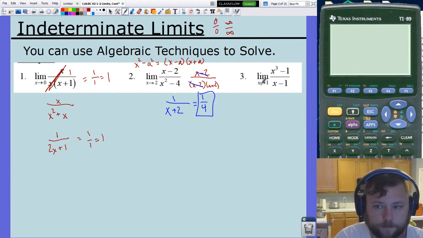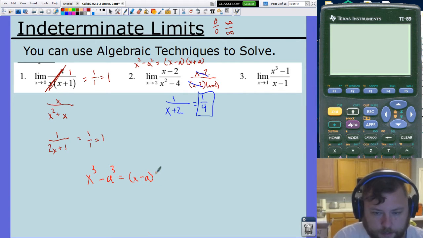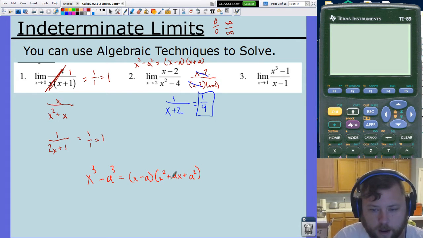Now for number 3, this is actually the difference of cubes. The formula for the difference of cubes is x cubed minus a cubed. When it's a minus here, it factors to x minus a. I remember: same, opposite, plus. So same sign, and it's x squared, opposite sign, plus, I think it's ax, plus a squared. So it's same, opposite, plus.